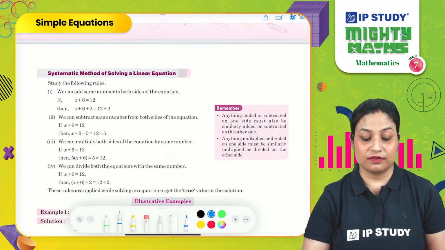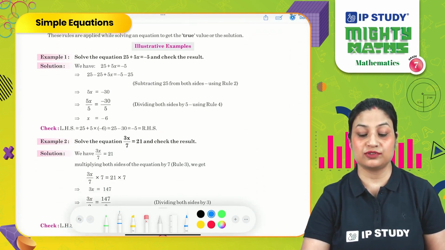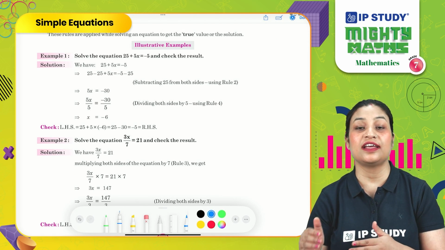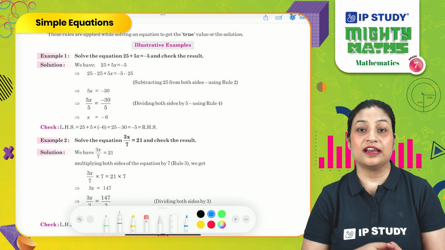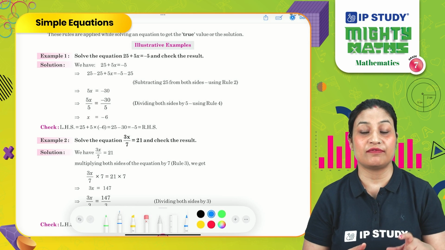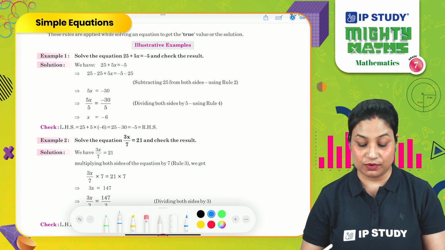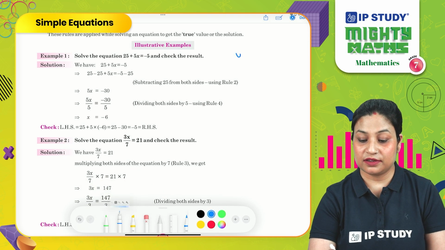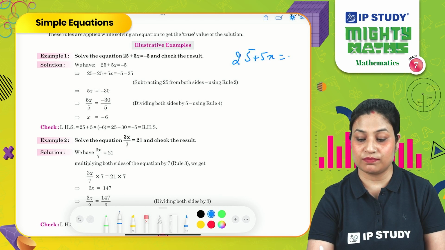Now, we can have one more method to solve a linear equation besides the transposition method and the trial and error method. So what is that? Let me take an example quickly and show the steps that we are going to have while using this method. So let's take an example over here. We have 25 plus 5x equals minus 5.